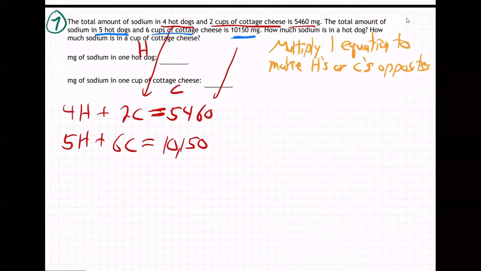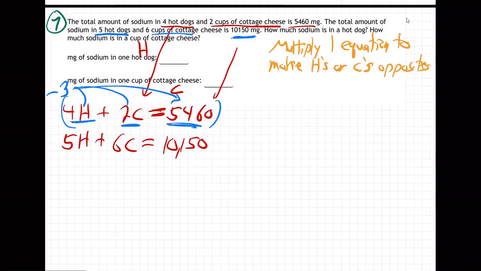So coming down to this one then, I'm looking at 2 and 6. I go, well, if I multiply by 3, actually negative 3, that'll do it. So that's what I'm going to do. I'm going to take this first equation and multiply by negative 3. It's going to go there, there, and there. Like that, okay? And what will become of that?